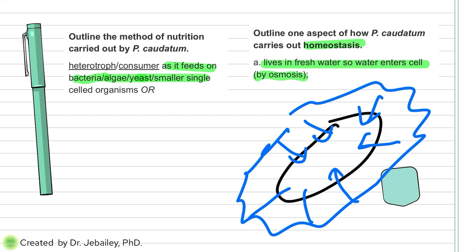Because fresh water means less solute on the outside and more solute inside. Water wants to move to a place of high solute. So when too much water is coming in, voila, the saver is the contractile vacuole. What it does is expel the water back out. This way, it keeps the Paramecium from bursting.